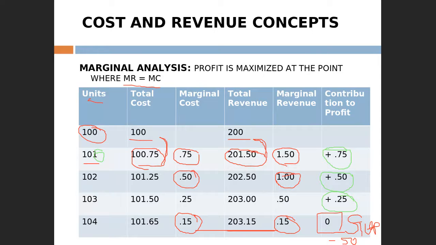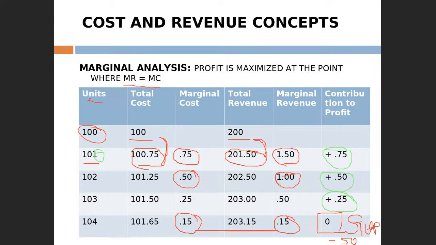Because basically total revenue is what it is. It's just a number. Let's assume that I sold the 101st unit at $1.50, not at $2. That's why my total revenue is $201.50, because of competition. If you want to make it $201.75, I can make it. So the contribution to profit will be $1. Okay, so there was no calculation, it's just a generic figure.